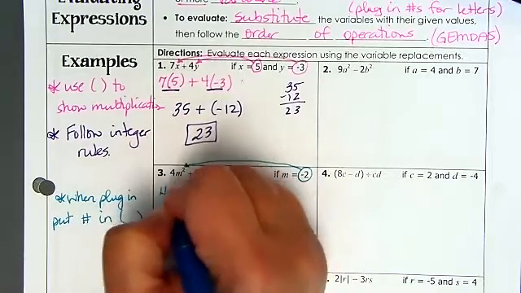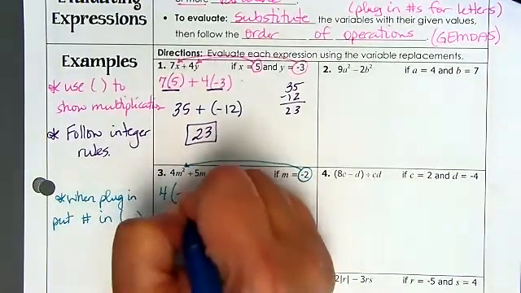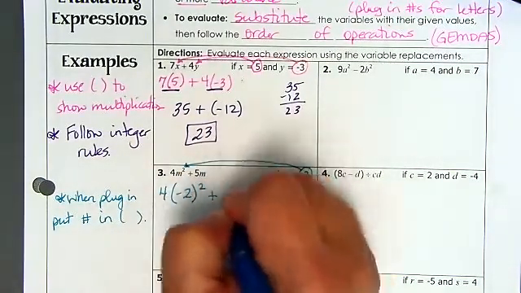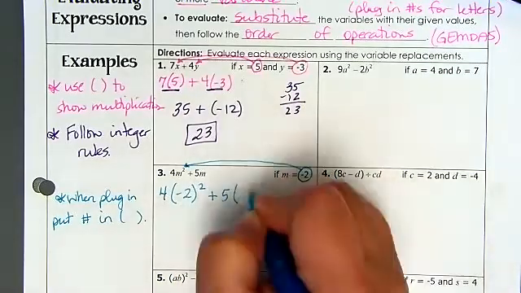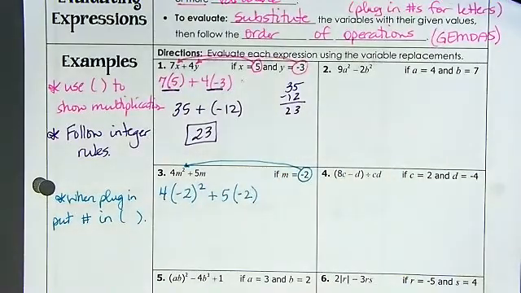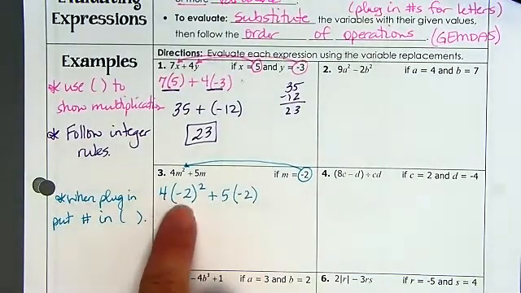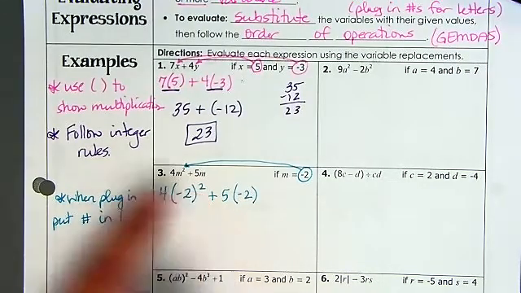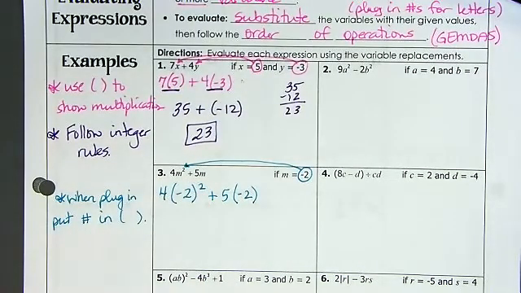So I'm going to have 4 parentheses -2 squared plus 5 parentheses -2. This is very important, because if I don't put this in parentheses, then you may work it incorrectly with the exponents. You have to pay attention to that.